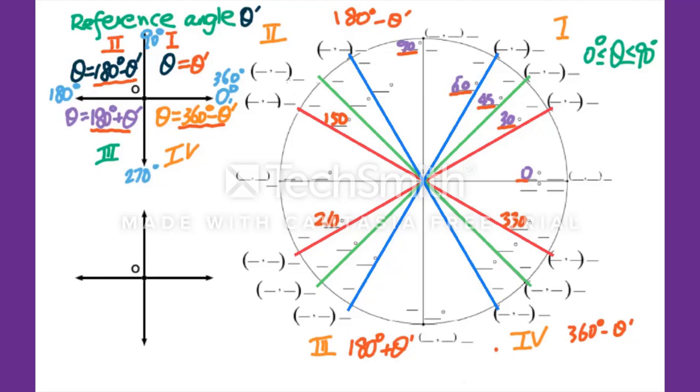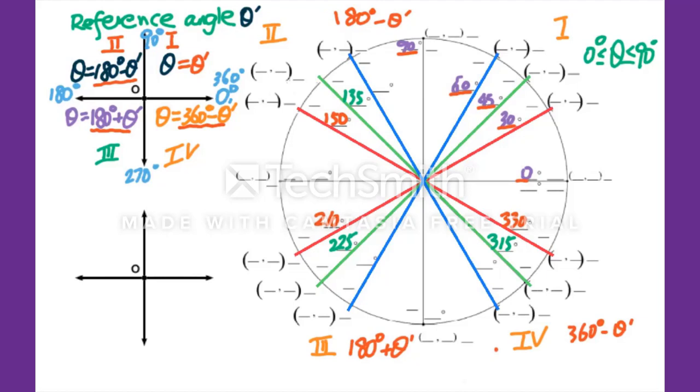Now let's go to the green line. Green line, that's 45 degree. So use 180 minus 45 for the second quadrant angle. That will be 135 degree. For the third quadrant, we got 180 plus 45, that's 225 degree. For the fourth quadrant, we got 360 minus 45, that's 315 degree.